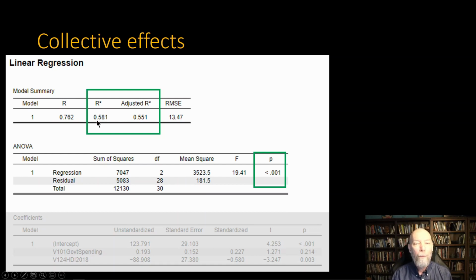So 0.581. Should you report 0.581? It's fine. Most of the time, these two numbers, the r squared, multiple r squared, and the adjusted multiple r squared, are very close to each other. 0.58, 0.55. Would you draw wildly different conclusions saying 58% of the variation in percent of the population with this view of prostitution is explained by these two variables, as compared to 55% of the variation in view of prostitution is explained by these two independent variables?